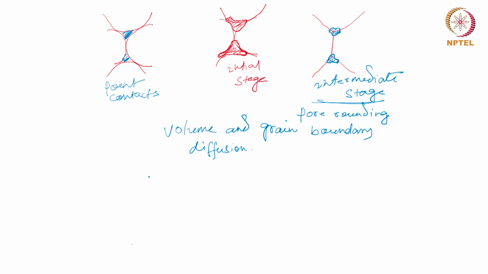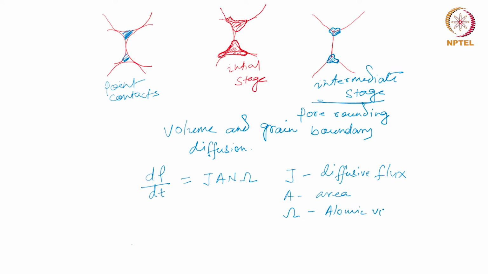And the densification rate d rho by dt is given by this equation, where J is the diffusion flux, that is mass transport per unit time per unit area, A is the area, and omega is the atomic volume.